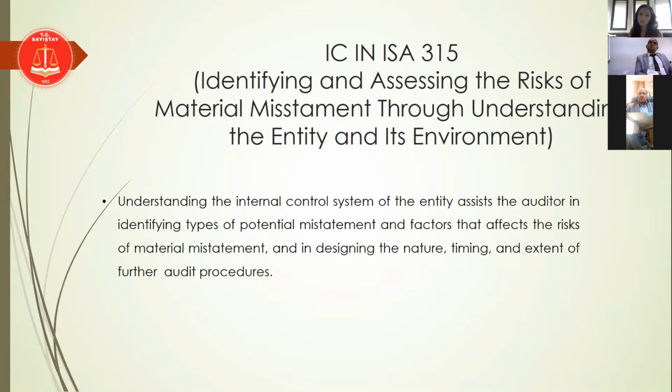As we can understand from this standard, an auditor should understand the internal control system for identifying types of potential misstatement and for designing the audit procedures. So the audit team has two major aims: estimating the potential misstatements and material misstatements, of course, and designing the audit procedures. Please bear in mind these two objectives.